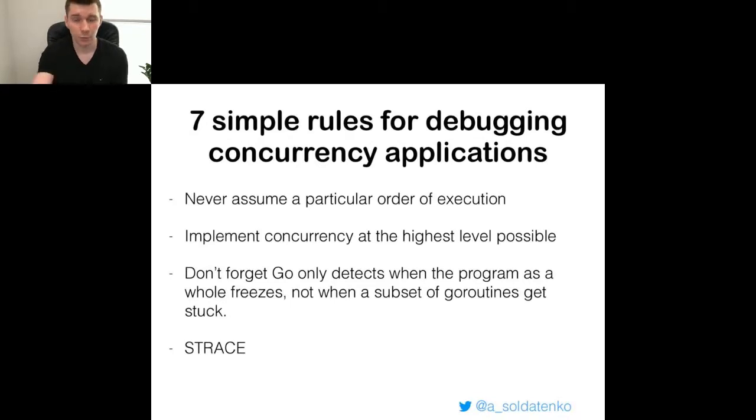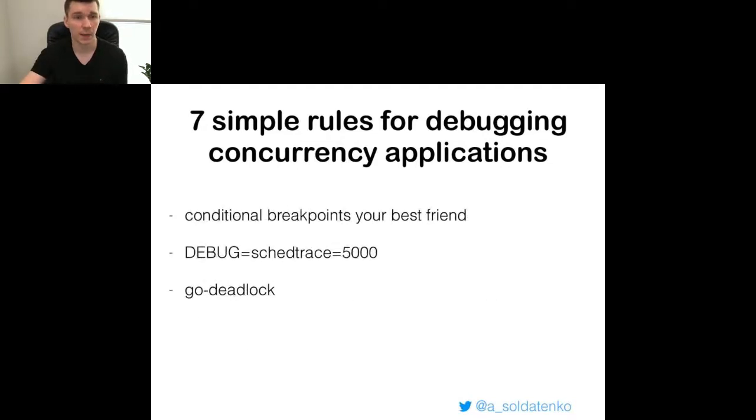But even if your process gets stuck, you can use something like strace at least to find why it's sleeping, or what we are waiting for, and all these tracing tools. And last but not least, conditional breakpoints are really your best friend, even for concurrent applications.